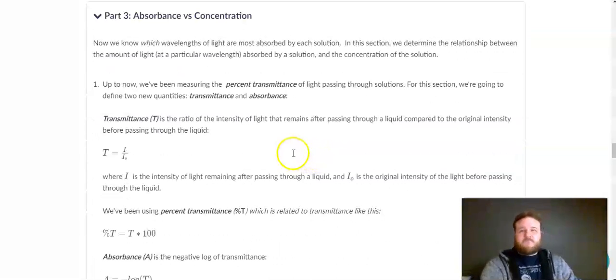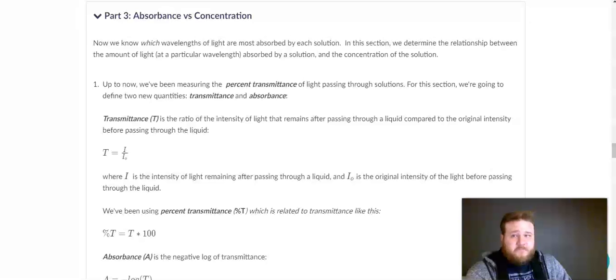So, part 3 is all about absorbance and concentration. What's nice about some of this, look at the equation for transmittance. You don't need to utilize that equation for this lab, which would be the intensity divided by the original intensity, okay?